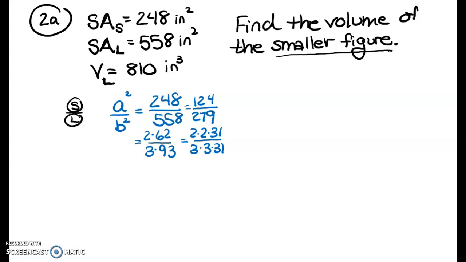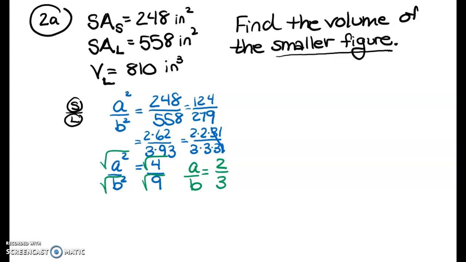So when I reduce this, I can reduce the factor of 31, and my a squared over b squared is 4 over 9. So I need a cubed over b cubed in order to solve this. So I just take the square root of 4 and 9 to get my a over b, which is 2 over 3.